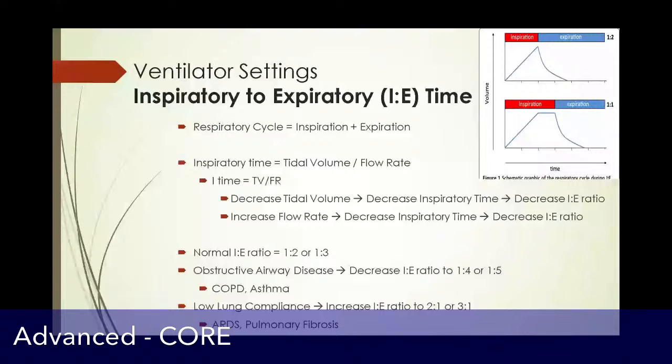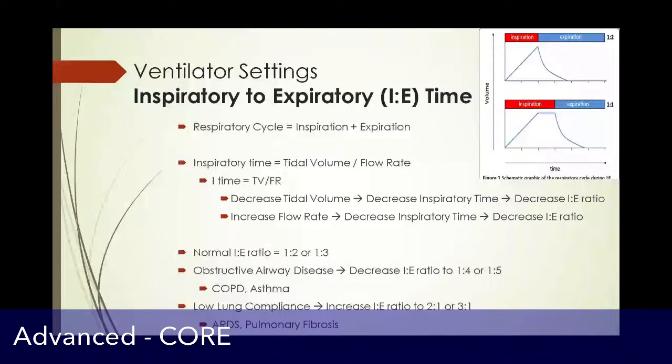Next is going to be your inspiratory to expiratory time, or the I to E time. So obviously a respiratory cycle is made up of inspiration and expiration. Your inspiratory time mathematically is the tidal volume over the flow rate, how quickly the gas is delivered.